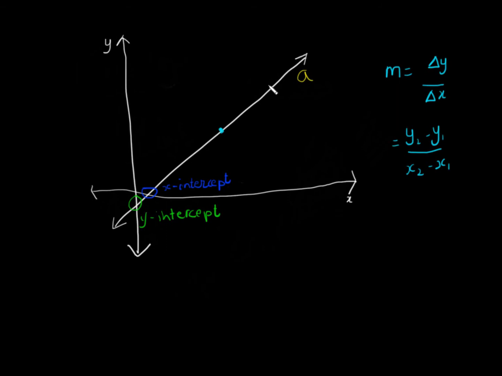So this point 1 and point 2: x1 comma y1, x2 comma y2. And the gradient is the change in y, delta y divided by delta x. This here is the change in y, and this here is the change in x. And that gives us the value of m, and the gradient is basically a measure of the steepness of the line A.